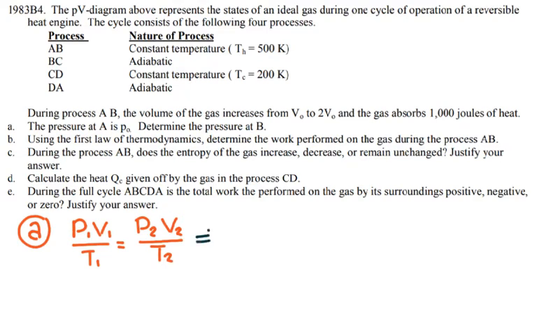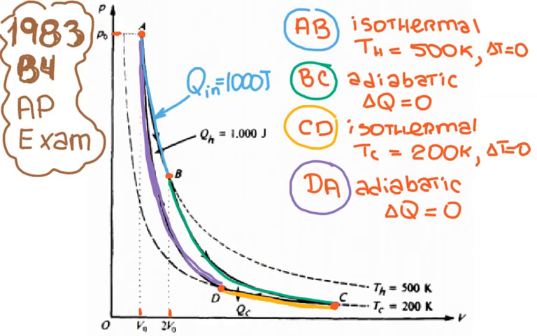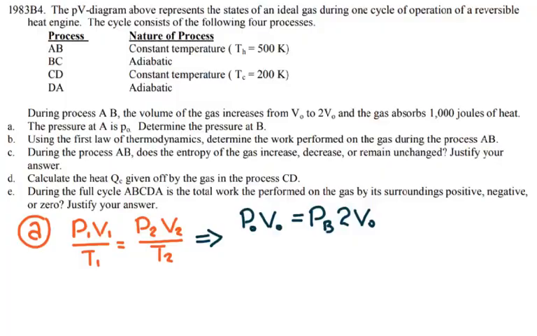And in my case, it is P sub 0, V sub 0, temperature is constant, is equal to P times 2 times V sub 0. Because at A, my pressure is P sub 0, V sub 0. And at B, it's twice V sub 0. And I'm looking for the pressure at that point.